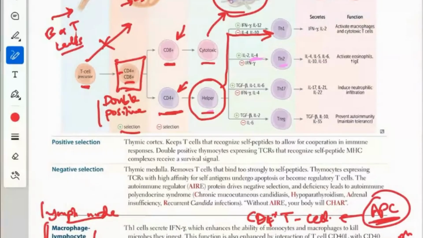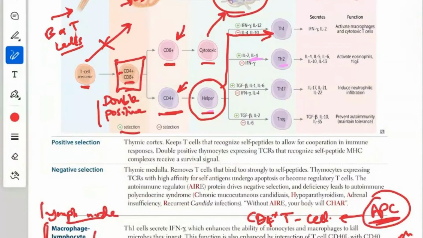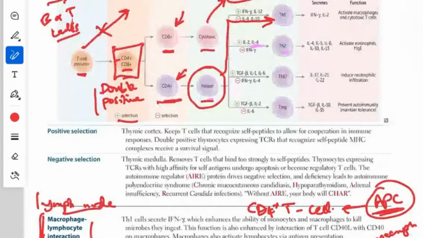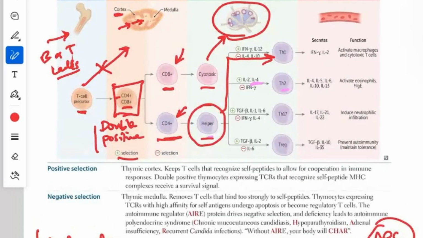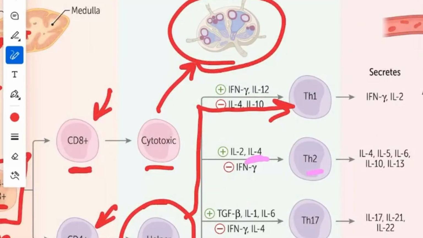So now that we've looked at that, let's move on here. Those cytokines are activating the naive T cell to become a specific type of cell. So look at them up here.